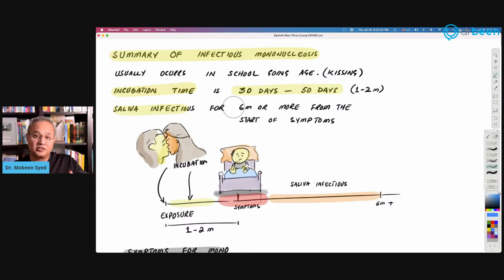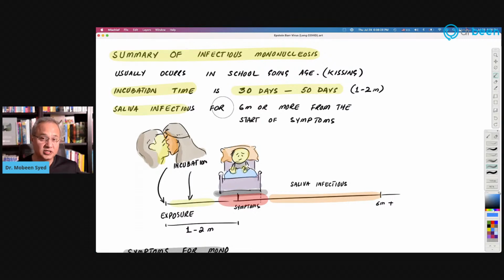And small children can actually become an important route of spread as well, because they can drool on toys and surfaces where they are playing, and they can then cause EBV to be shed on surfaces. For example, in nursery, where one child has, let's say, EBV, and they're playing with toys and they have drooled on the toy, and another child comes and plays with it, and now they have touched that saliva, and then it transmits to them, from there then to their family, and so on. So children have it too.